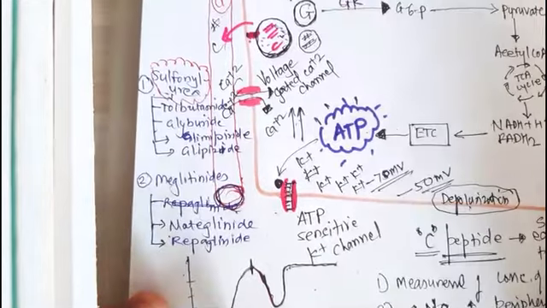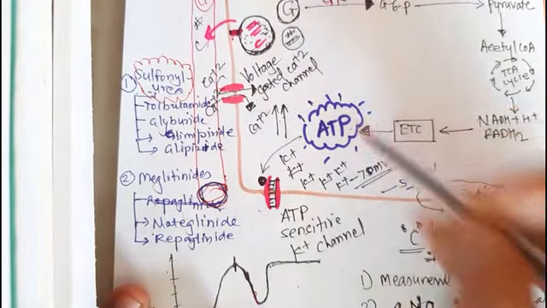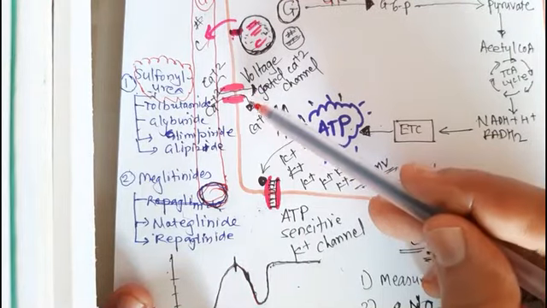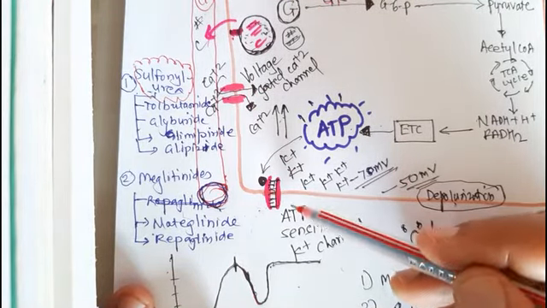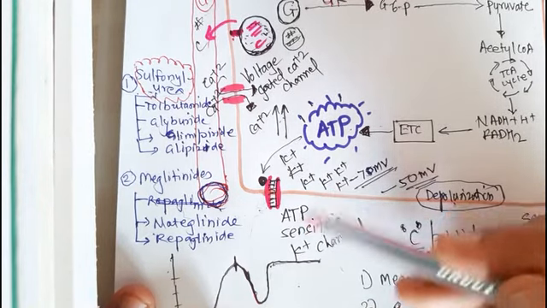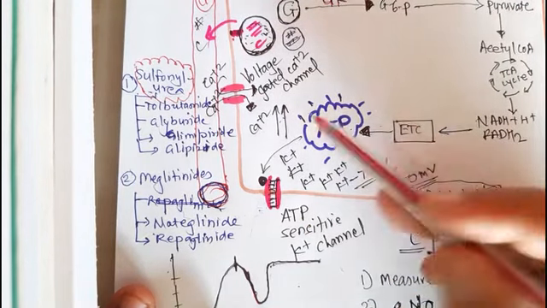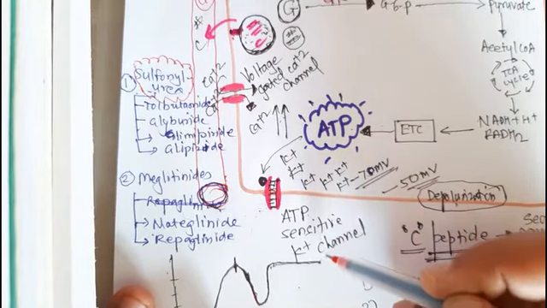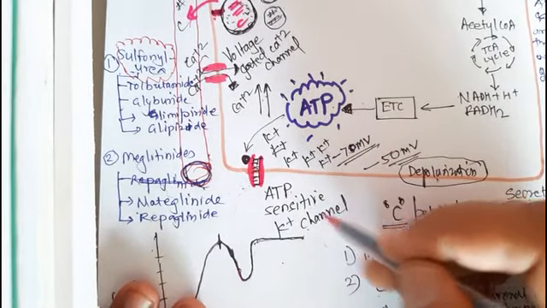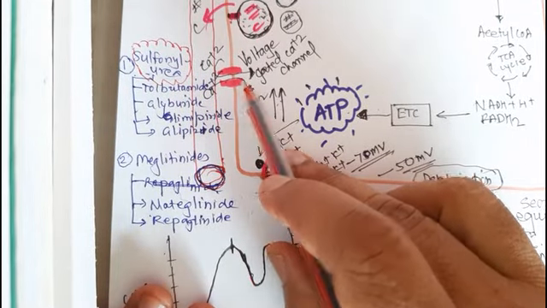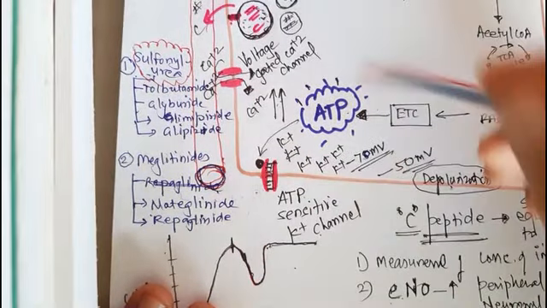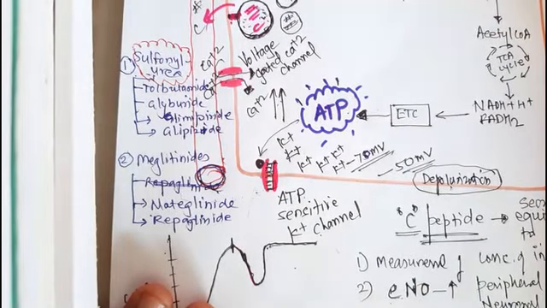Now coming to the channels, it's the channels that are used for the release of insulin, that is blocking or activating particular channels. The most important channels are the ATP sensitive potassium channels, which we saw in the last lecture, and second, the voltage gated calcium channels. These two channels are important for release of insulin from the beta cells.